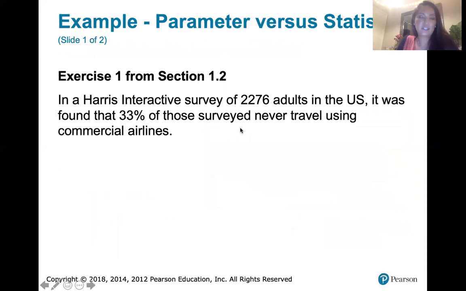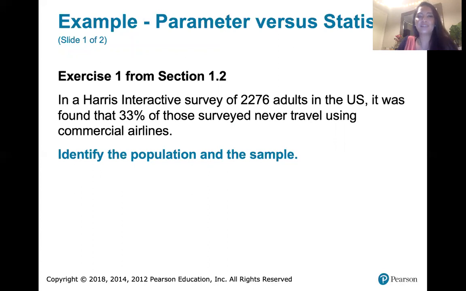Now here's an exercise from our book, just to see if we understand the difference between statistics and parameters and populations and samples. I'll just read it to you. It says, in a Harris Interactive survey of 2,276 adults in the United States, it was found that 33% of those surveyed never travel using commercial airlines.